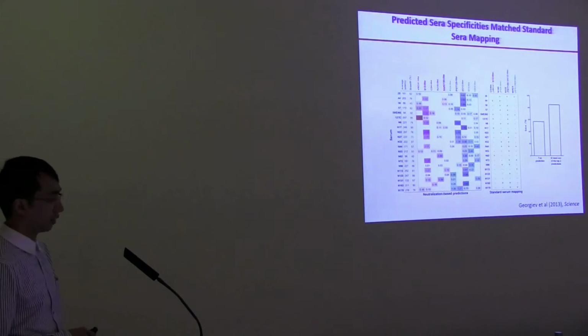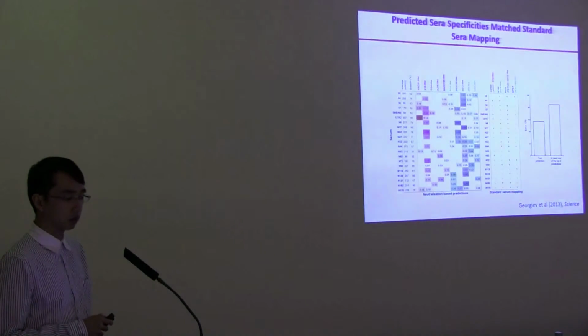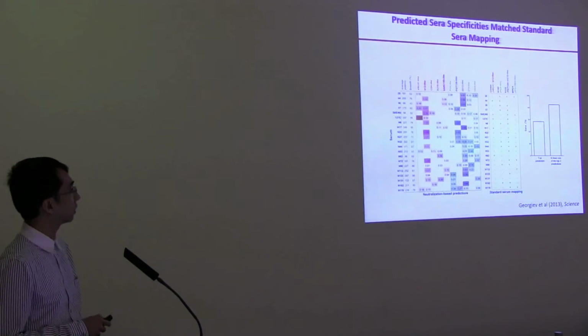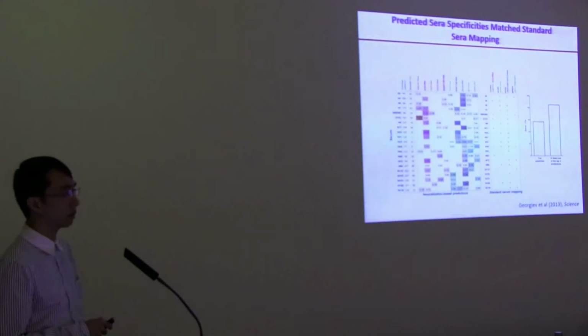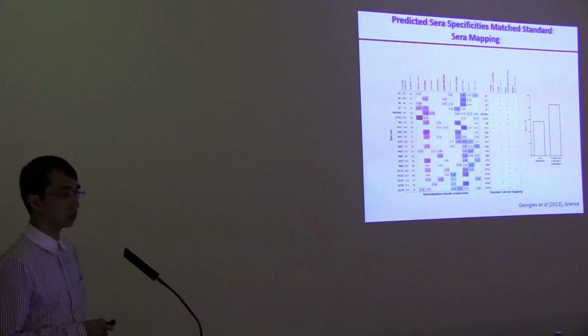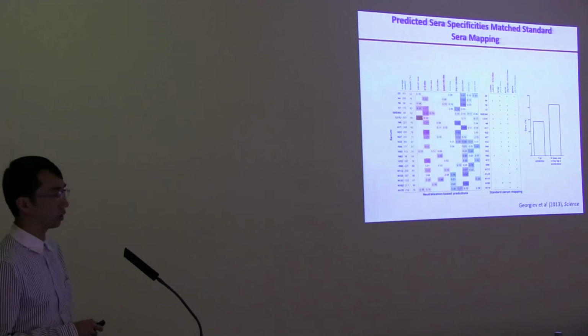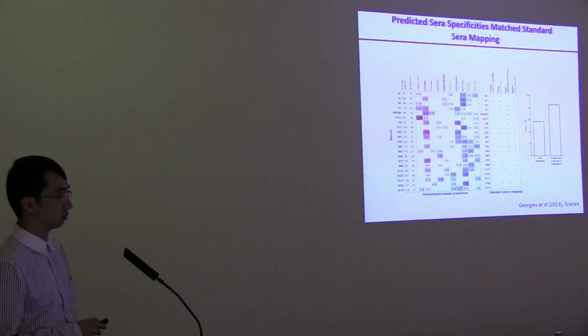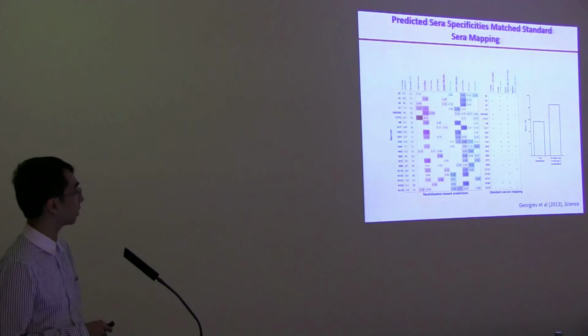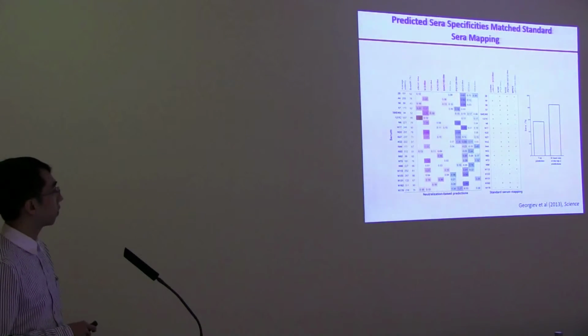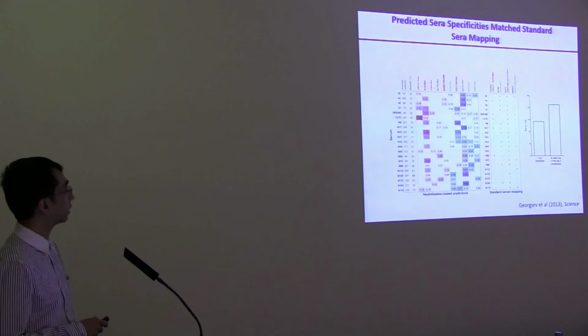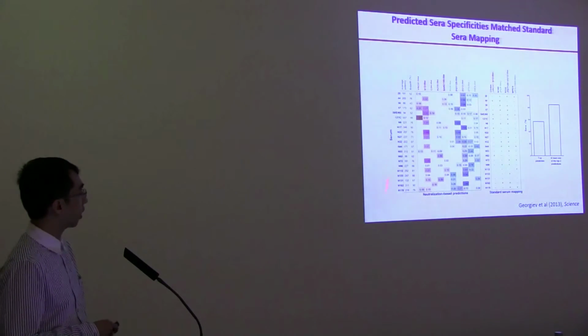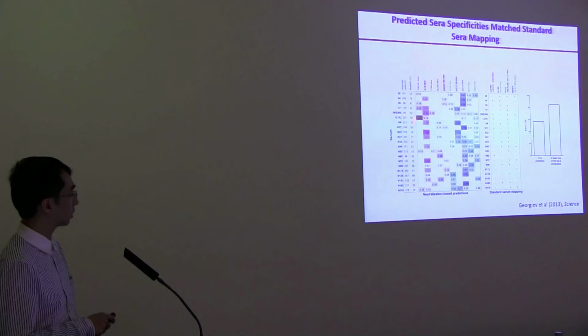And we also want to see if our computational analysis can have any correlation with the standard experimental mapping methods, such as using GP120 core and other knockout probes or viruses. So we performed a study applying our prediction and standard experimental methods on 21 different patients' sera.